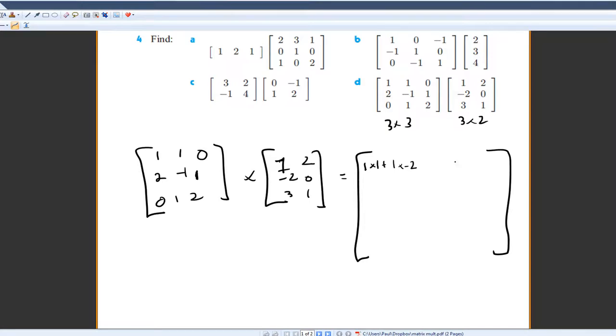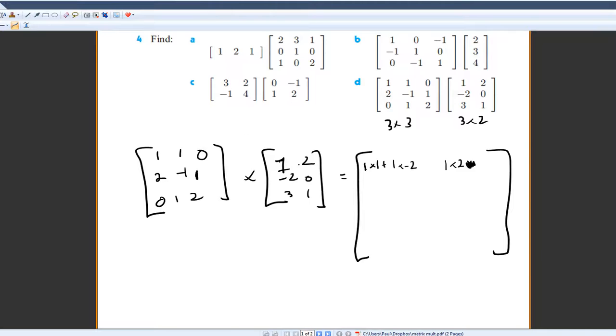Alright, now I'm going to grab this element here. I do that by running this first row, diving second column. 1 times 2 plus 1 times 0 is 0, 0 times 1 is 0. So that's all I'm going to do for that one, is just 1 times 2.